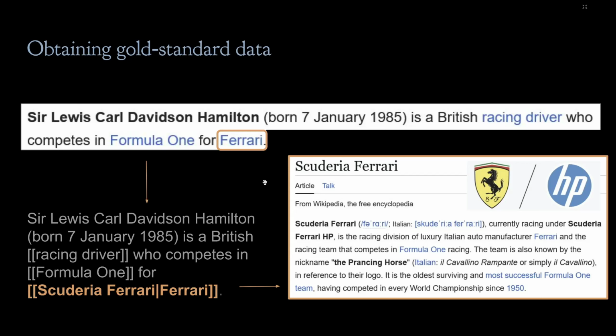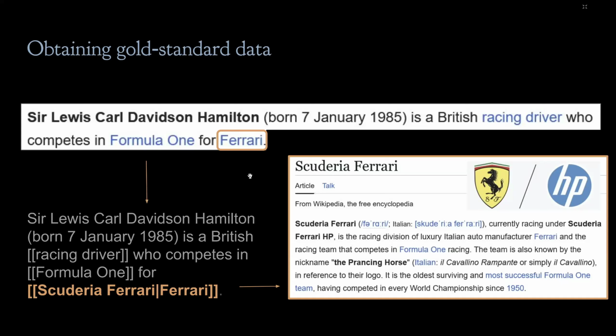This is the Formula One team that is basically funded by Ferrari. Obviously, there are other Wikipedia articles about Ferrari, like about the actual car, or other ways in which you can use the word Ferrari. But as we can see from the source code underlying each Wikipedia article, the word Ferrari specifically links to this Scuderia Ferrari article.